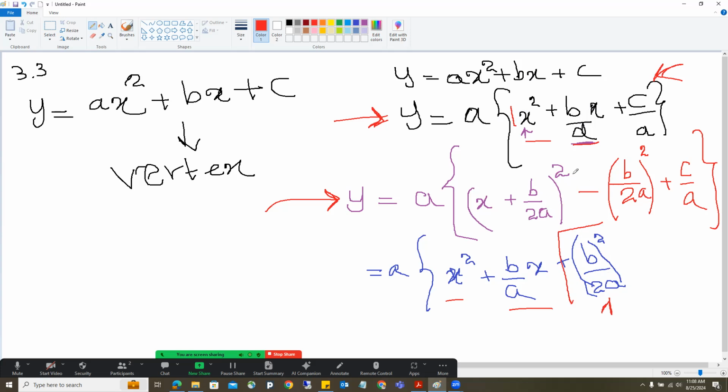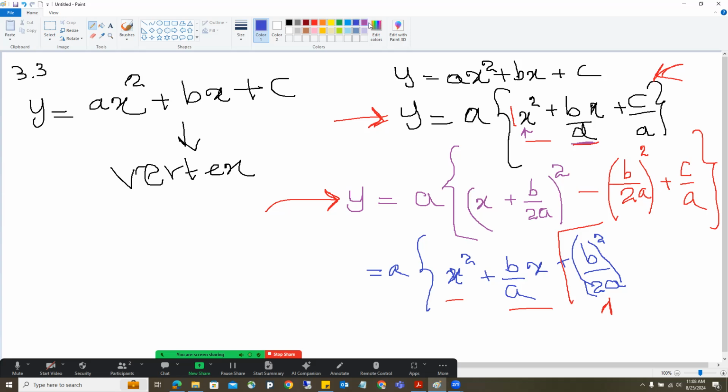Because of making this square, we get an additional term, so we need to subtract it. Are you sure it's clear? Then the last part, c over a, will be there. And this is what we call completing the square.